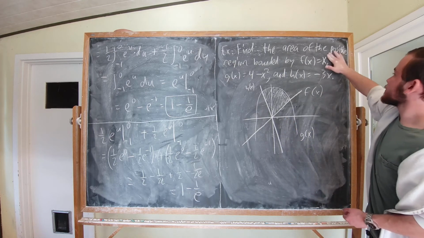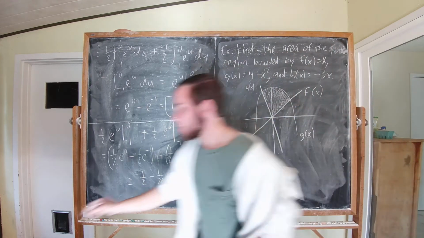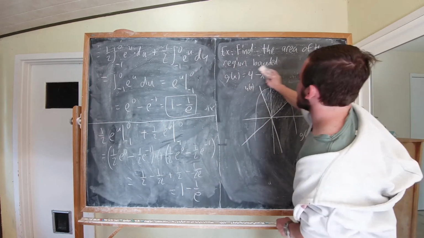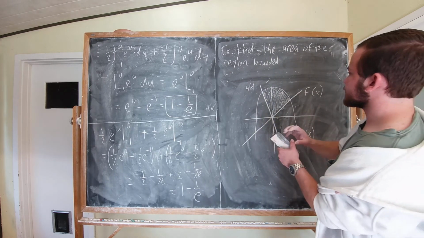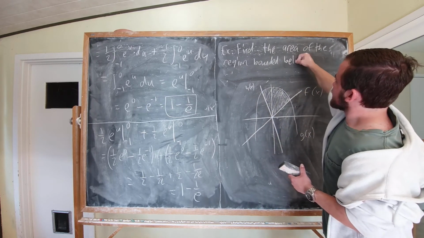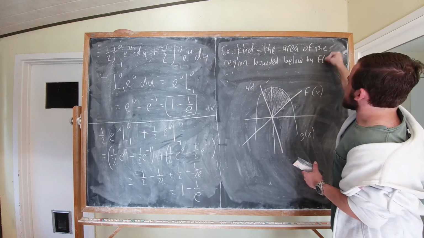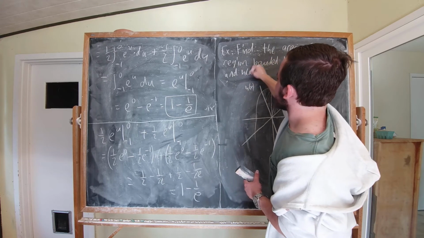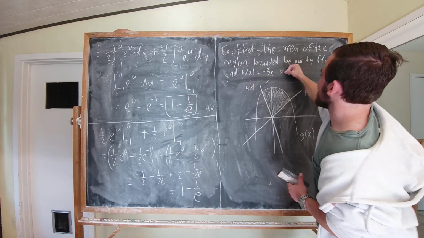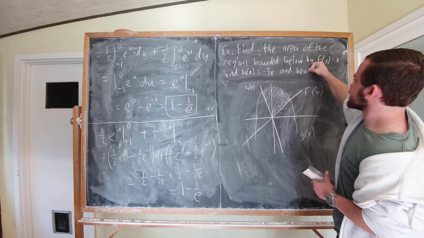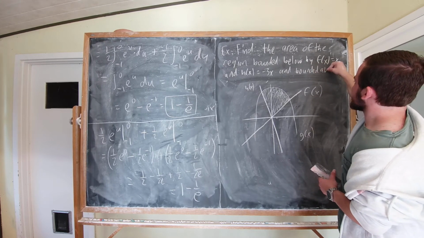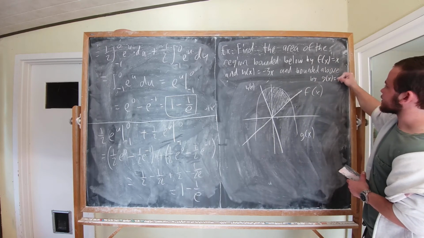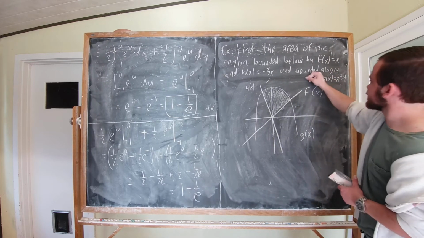What we could do is say, we don't even have to phrase it this way, of the area bounded below by f of x equals x and h of x equals negative 3x and bounded above by g of x equals x squared minus 4.